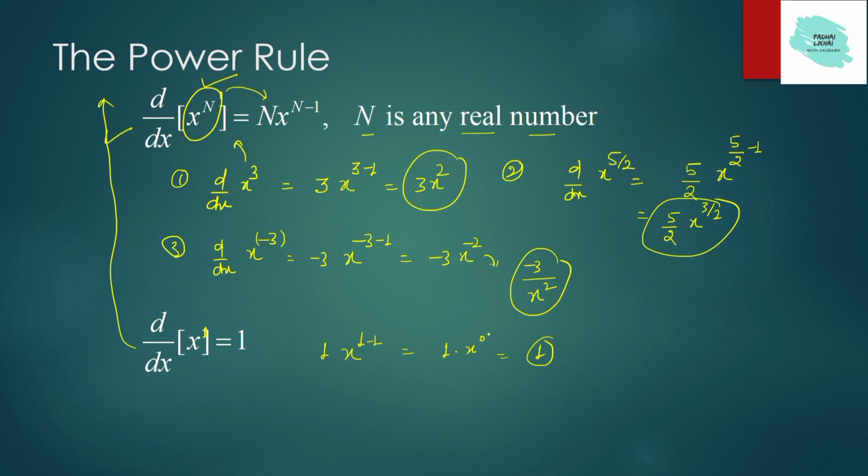So this is how we can find the derivative of x. You should remember that the derivative of x is always 1, and for other functions like x to the power n, you can find the derivative like this.